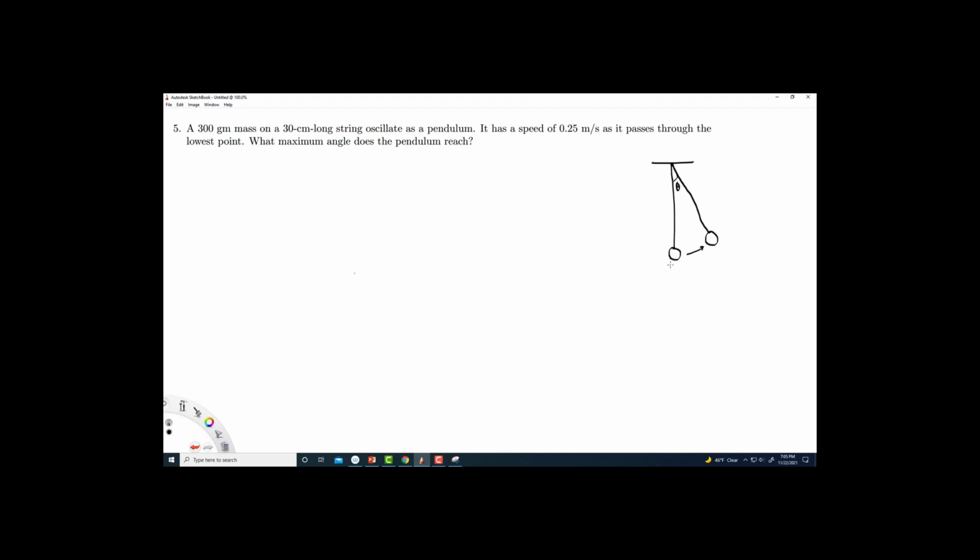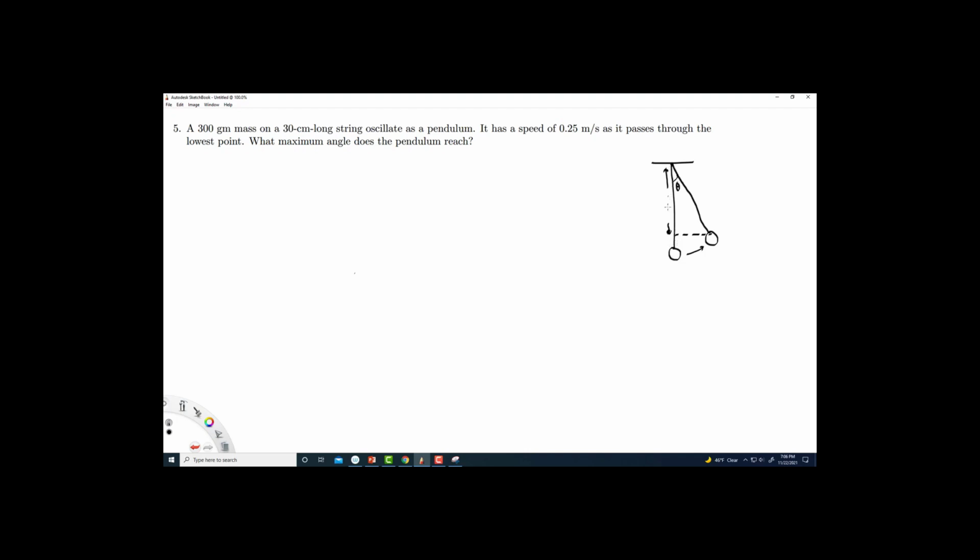So we can actually find this height, okay, this distance, and then we know this distance. So using trigonometry we can find this angle. So we know this whole length of the string.